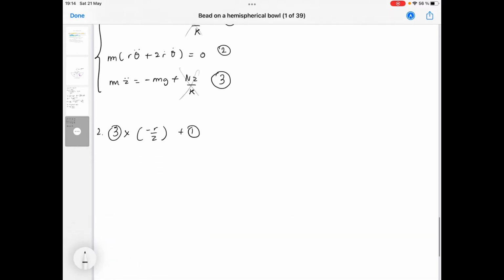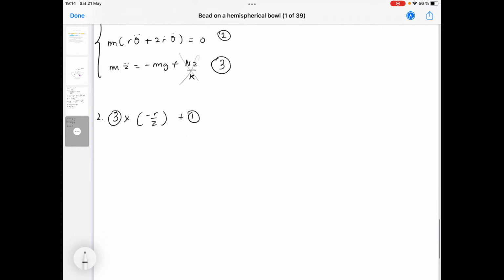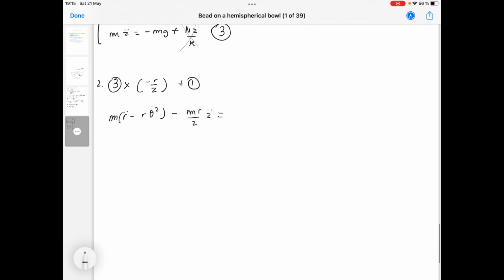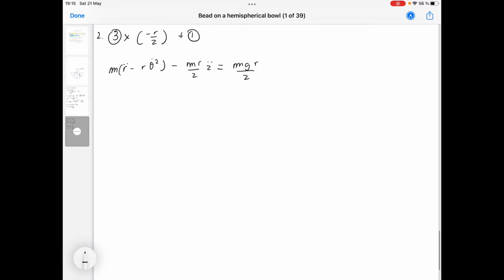So we have m r double dot minus r theta dot squared minus m r over z times z double dot is going to be mg r over z. And so we can divide everything by m, and we get that r double dot minus r theta dot squared minus r over z times z double dot equals g r over z.